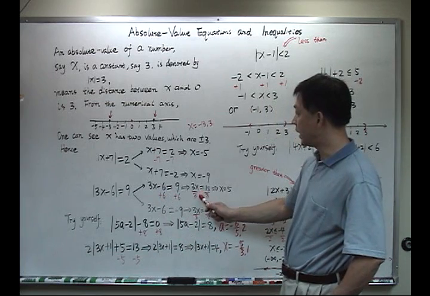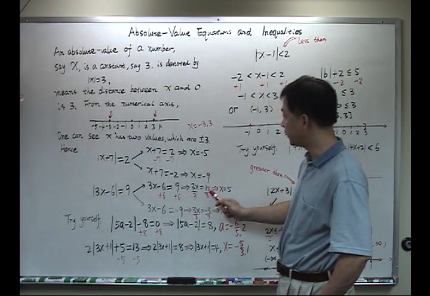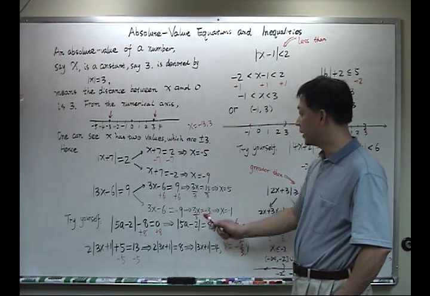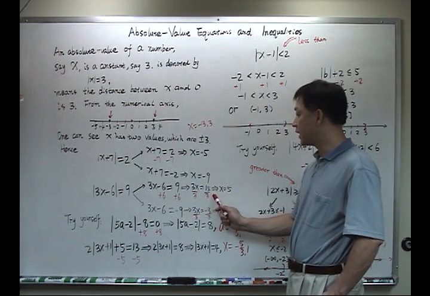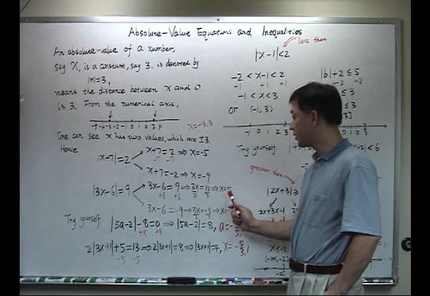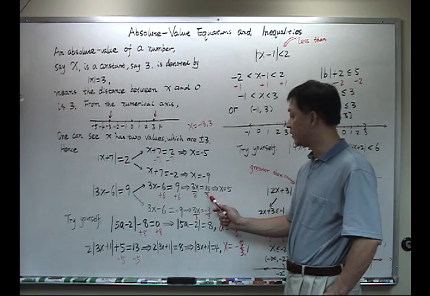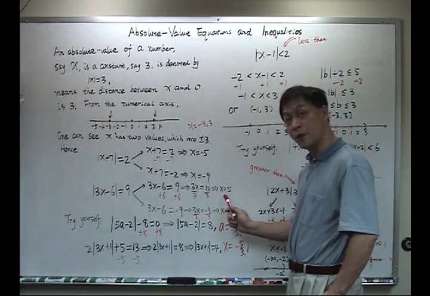So you have 3x equals 9 plus 6, which is 15. Then divide both sides by 3, the 3 cancels, so x is 5, from 15 divided by 3. So that's one solution.